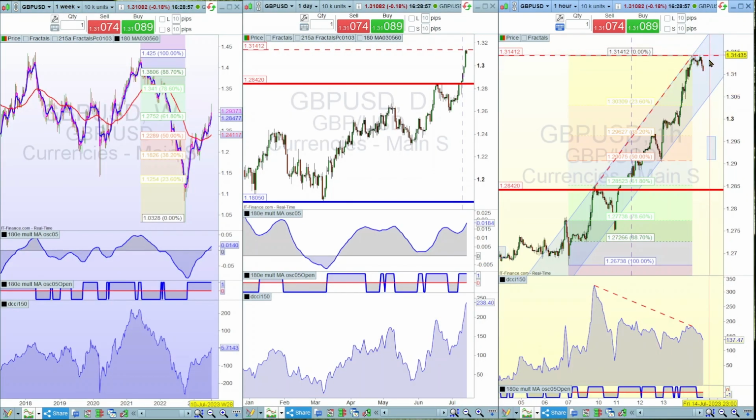Otherwise, if it breaks above this resistance it's forming, that'll invalidate that, and it'll create new resistance higher up than that. The weekly and daily are showing more bullish momentum, so primarily take bullish trades. But again, just be careful, we've got a bearish divergence here, which indicates a potential downturn at any time. For this to be invalidated, we need to see the CCI rise higher than that point there.